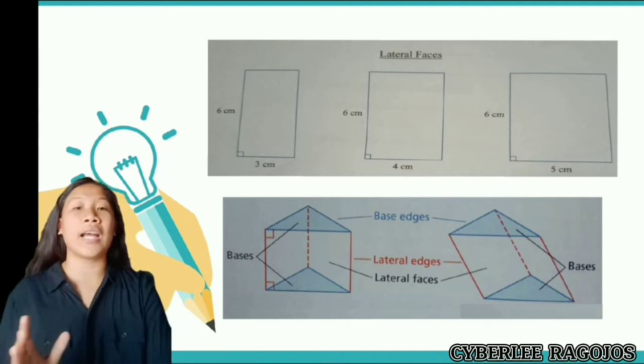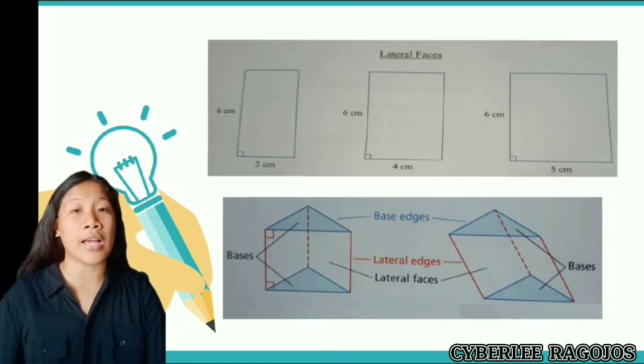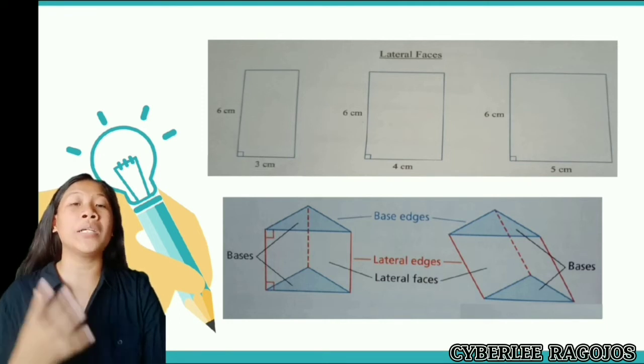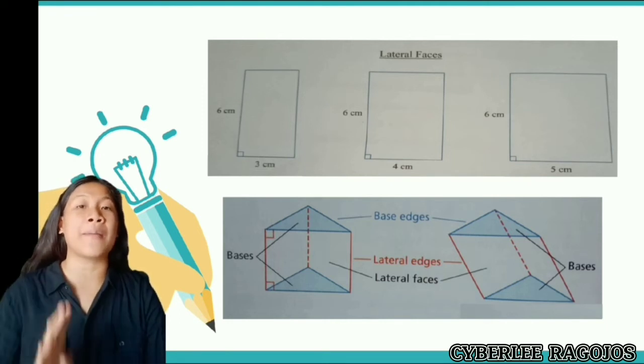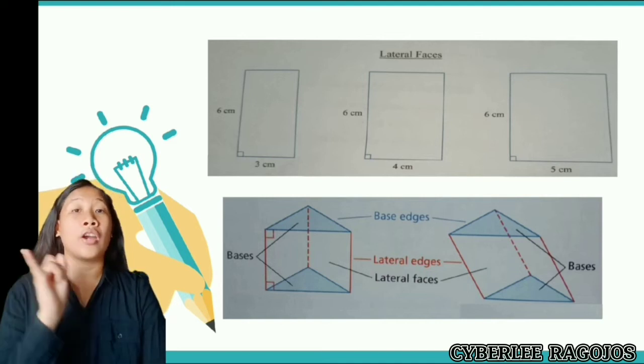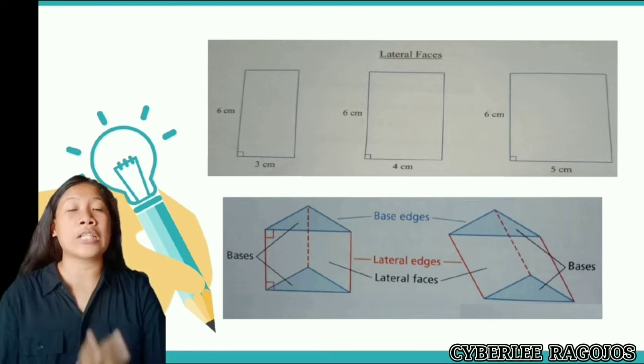Kung nakikita natin sa three rectangles, there's a sum of the areas and we need to compute it. To compute, we will calculate it sa base times height. Yung formula na din natin kanina and add them all. So, yun yung area of base, area of face, and the total surface area.